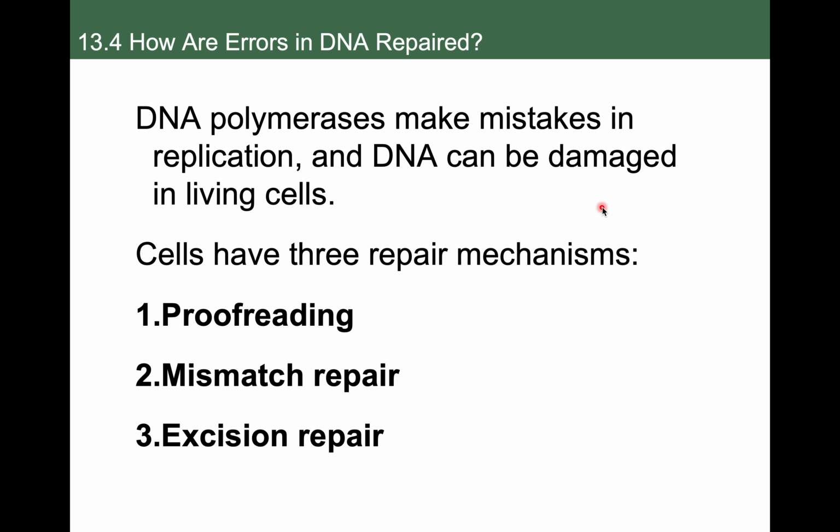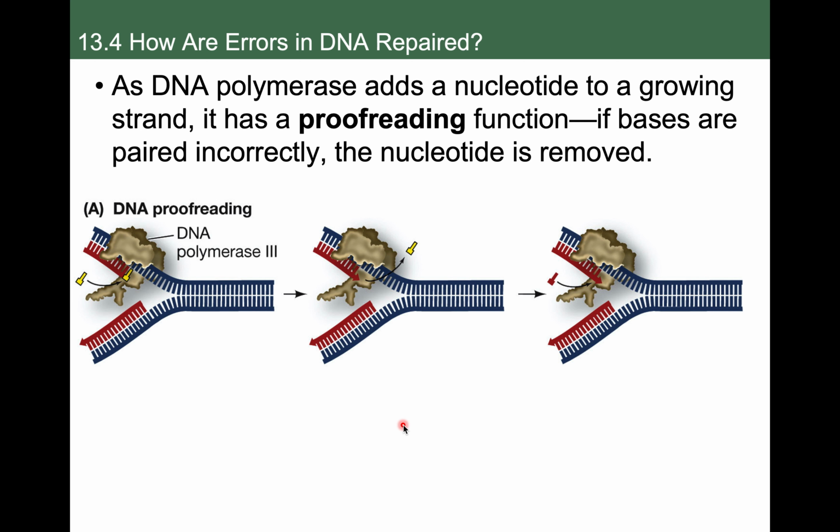So lastly, I just want to talk really quickly about how errors in DNA sequence or structure could be repaired. And there's really these three main repair mechanisms. There's proofreading, there's mismatch repair, and what's called excision repair. And 2 and 3 are really just sort of variations on the same theme. But proofreading is just like it sounds, referring to the fact that the DNA polymerase enzyme can actually proofread itself.